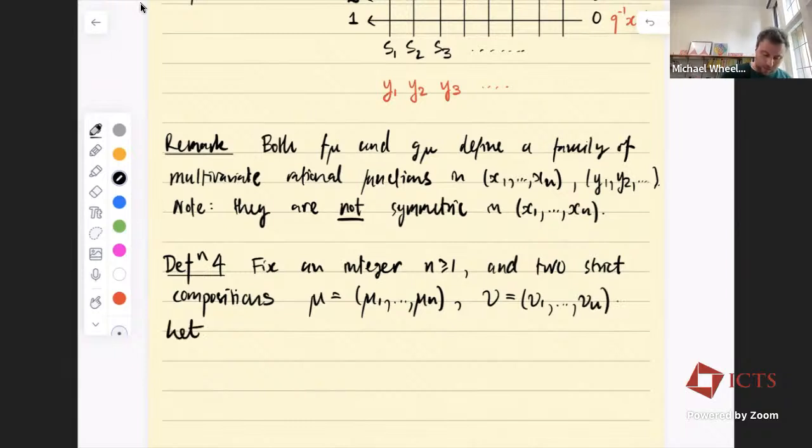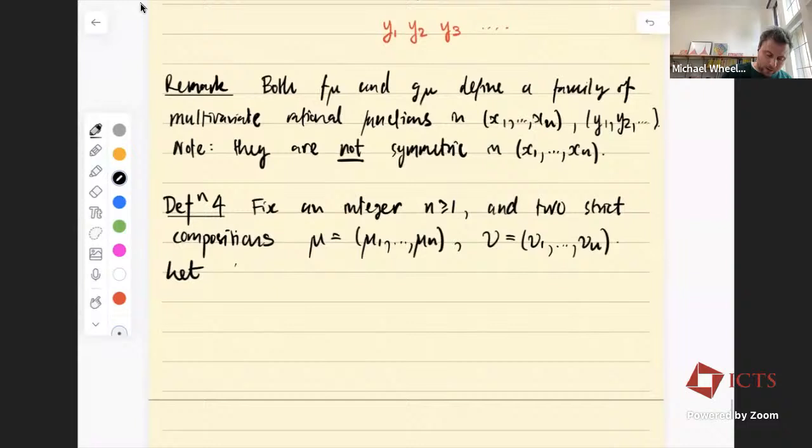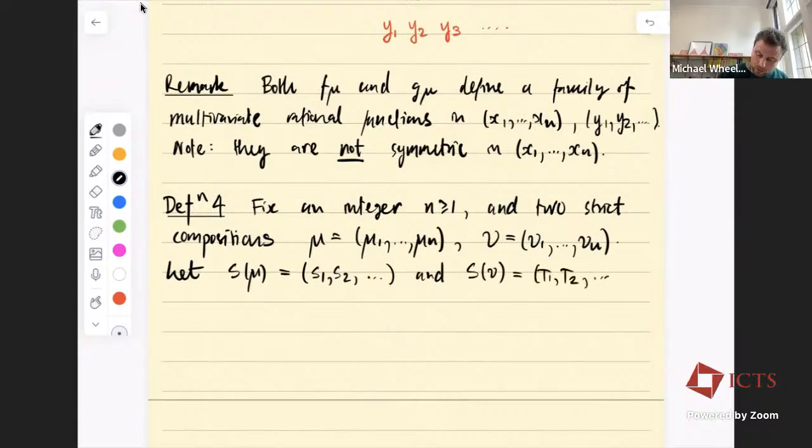And in a similar vein to previously, I'll let s mu, the s1, s2, this is the string that is associated to mu, and I'll let s nu be written as t1, t2, etc. So these are going to be the associated strings.